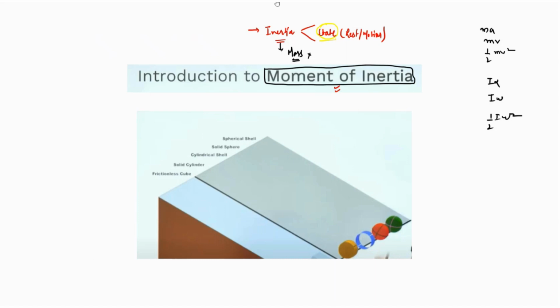Are you able to correlate what I am saying, guys? All these things we have learned, ma, mv and so on, but here we will have different quantities. Okay? Yes, sir.